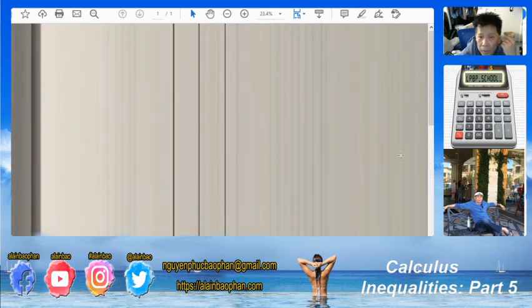Okay, and the next one is we study inequality of two variables by graphing the straight lines on the graph. In this case, the straight line y equals x plus 1 is this one, and then y greater than 2x plus 1, and then you need to find the intersection of the areas of these two inequalities.